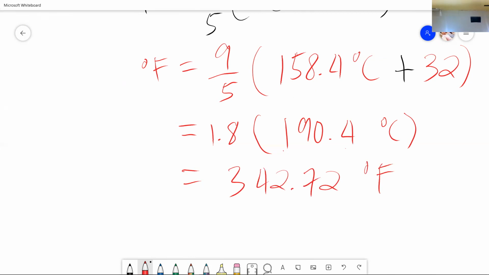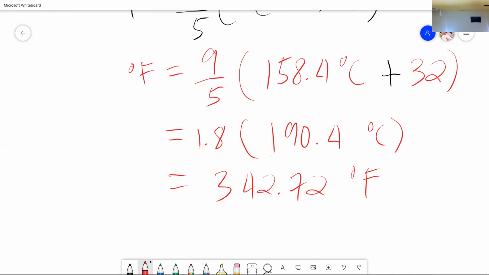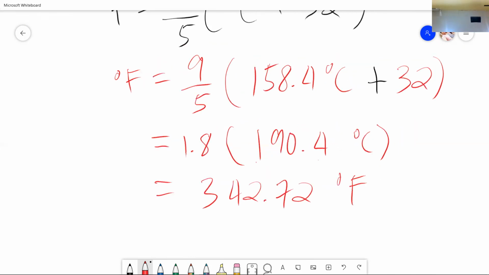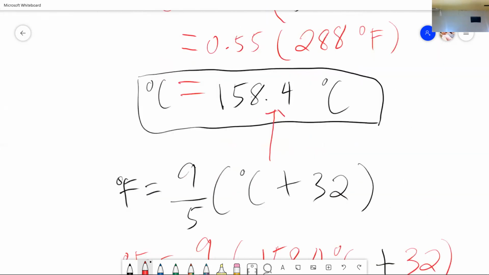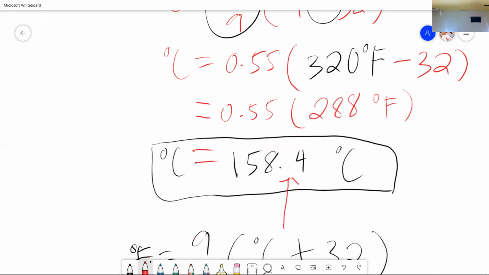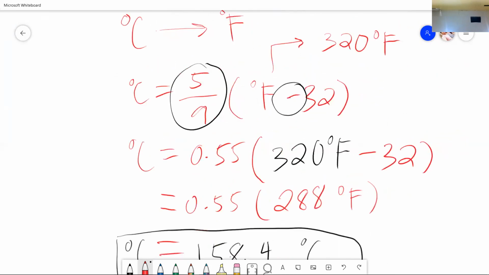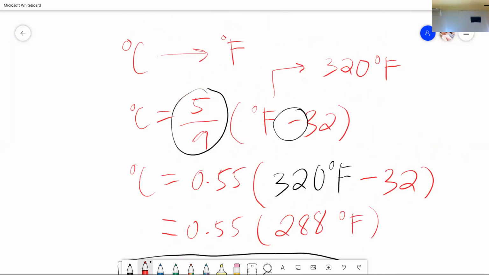So let's try it again. There might be something wrong with the equation. It should be 320. So 5/9 times 320 degree Fahrenheit minus 32.